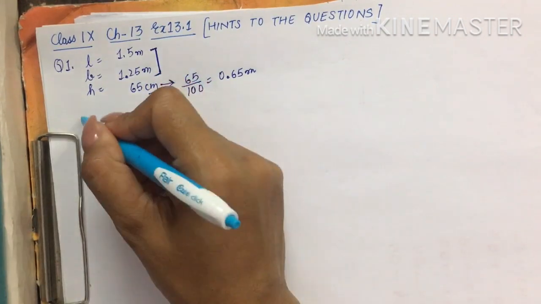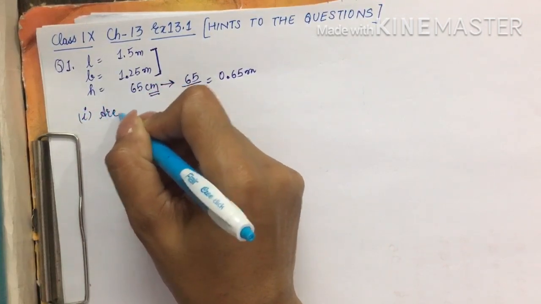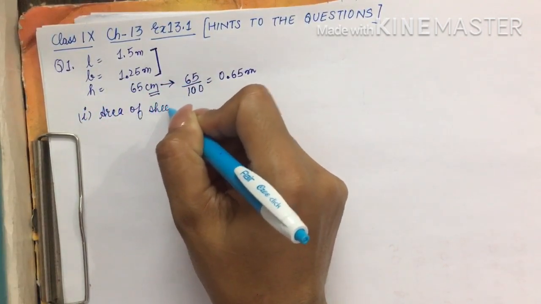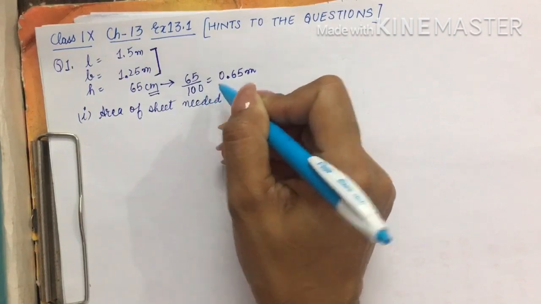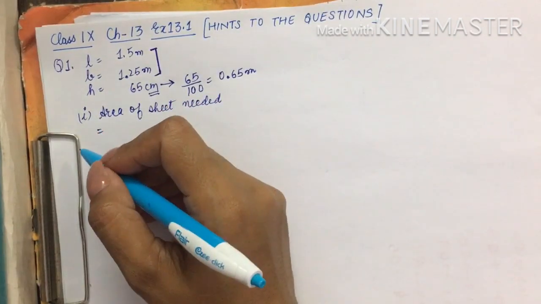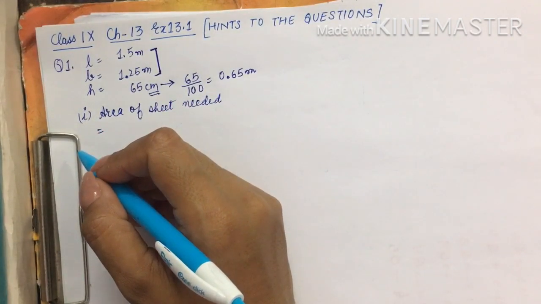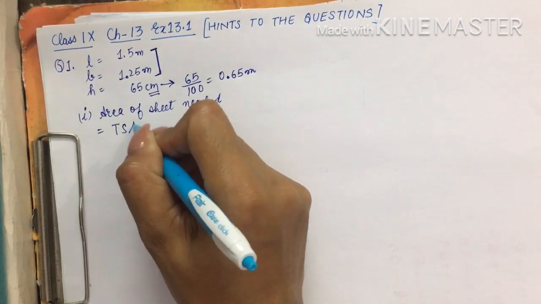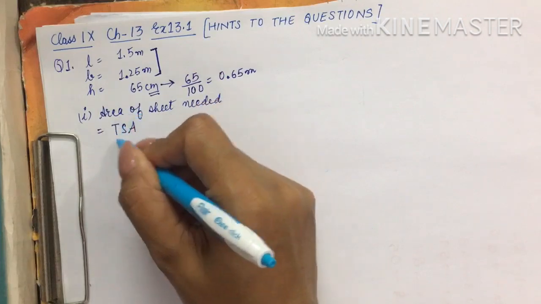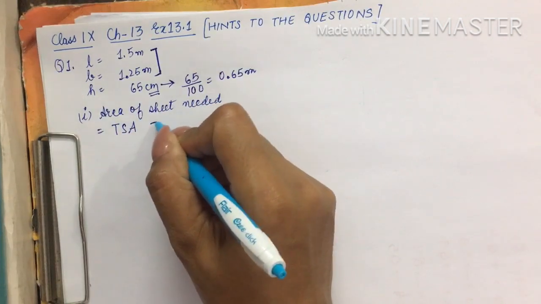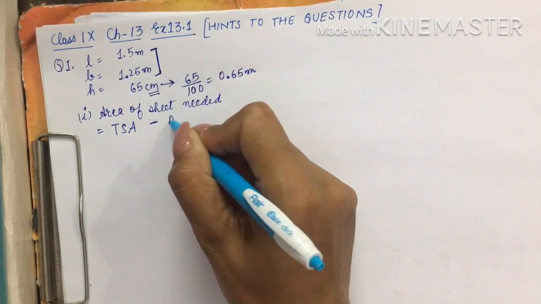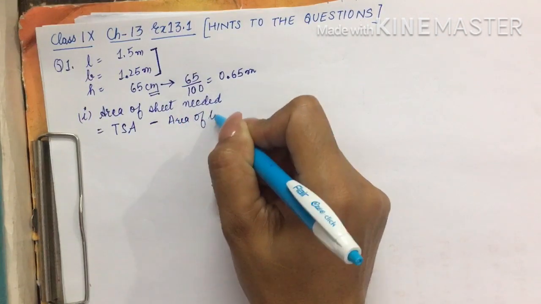Now to find out the area of the sheet that I need, I can do it in 2 ways. Area of the sheet needed can be calculated in 2 ways. Since the box is open on top, I don't want the area of the top face. So what I can do is take the total surface area, which will be the area of all 6 faces. From this area, I'll be subtracting the area of the top.